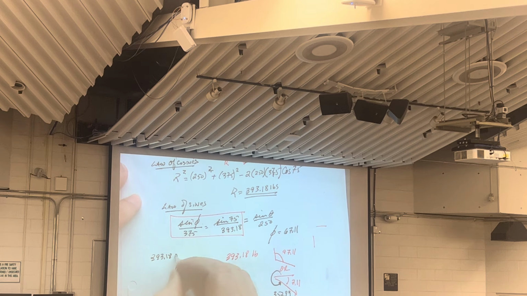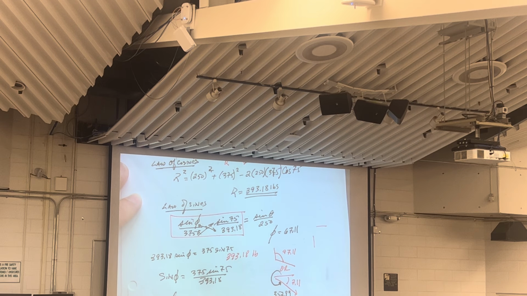393.18 sine of phi is equal to 375 sine of 75. I multiplied both these together like that. Sine of phi is going to be 375 sine 75, divide this by 393.18.